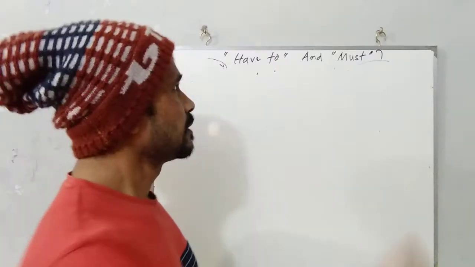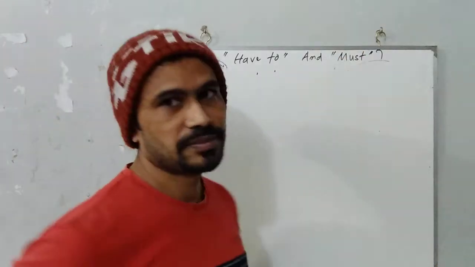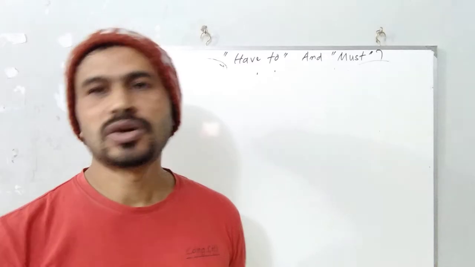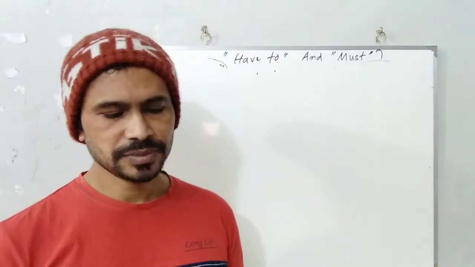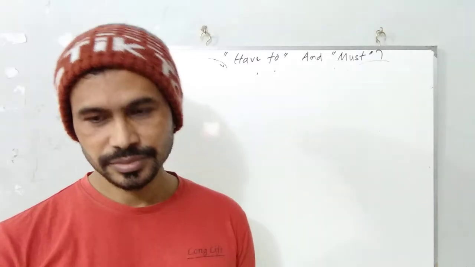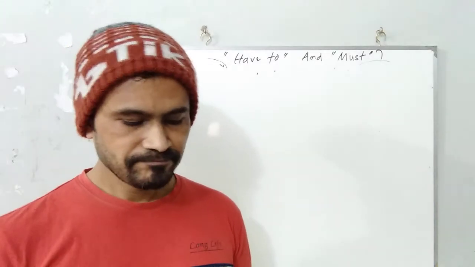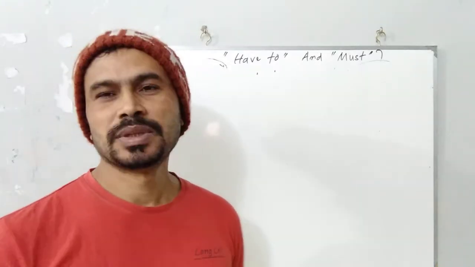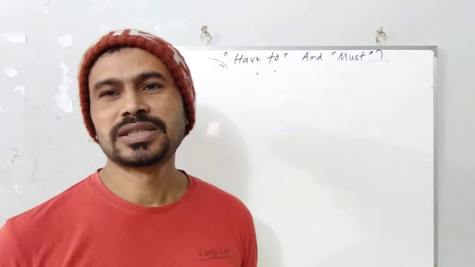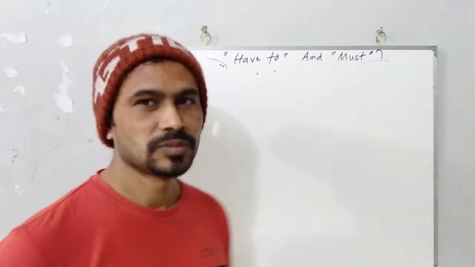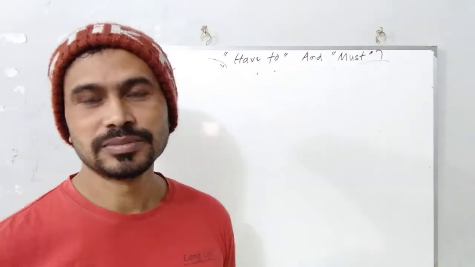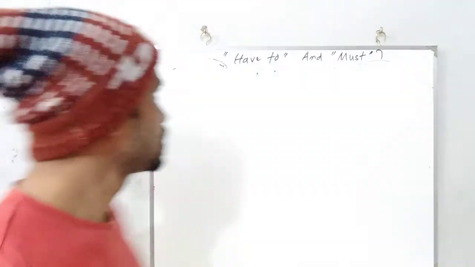What is the meaning of these modal auxiliaries? Must means specific obligation. Okay, must means a specific obligation. So let's see some sentences so that you can understand properly. So I'd like to write sentences so that you can understand.